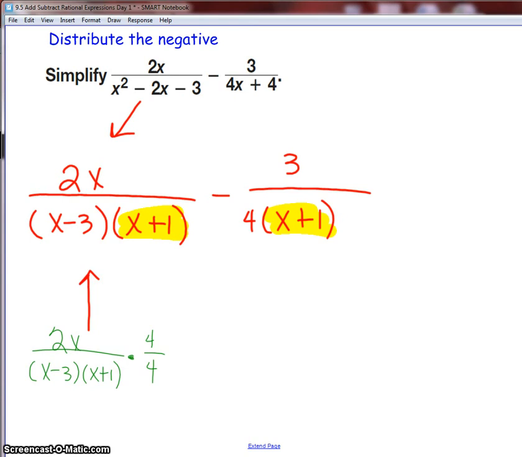So the fraction on the right turns into this. Go ahead and multiply those two fractions by what we are missing for the common denominator, and then we're going to combine like terms in the numerator, and then remember we always check to see if anything is factorable.